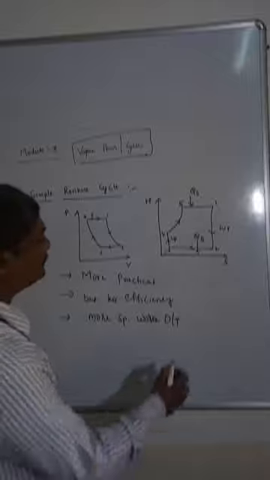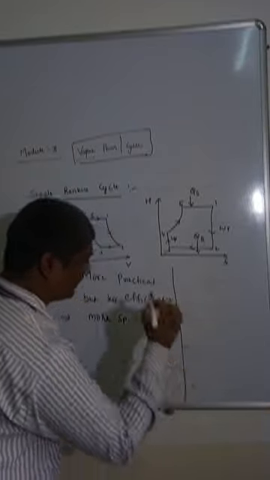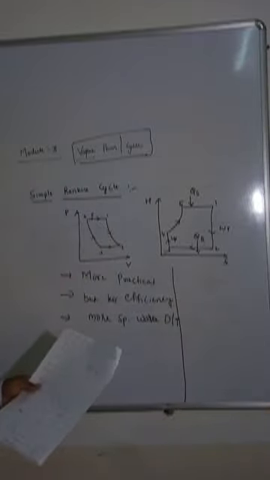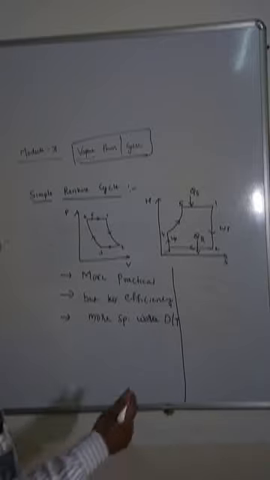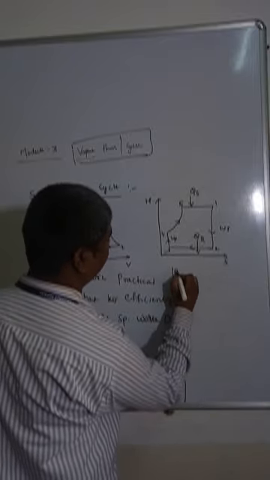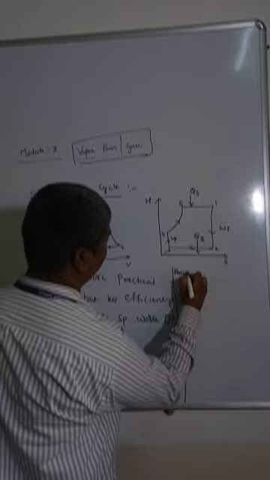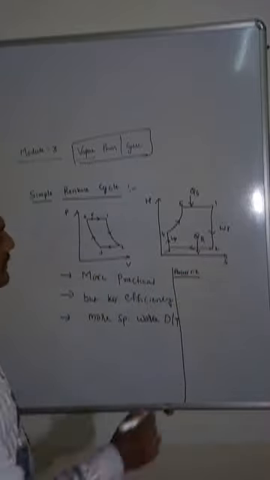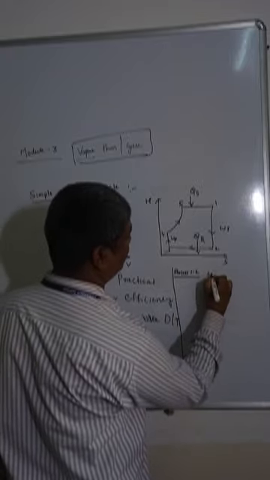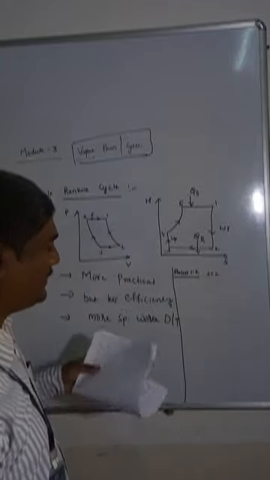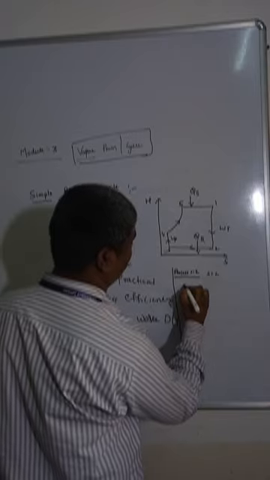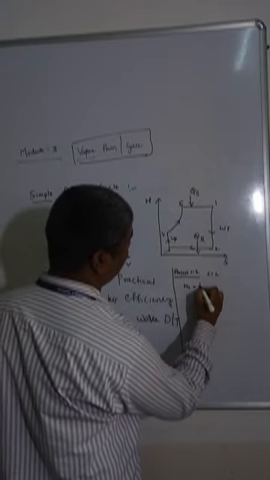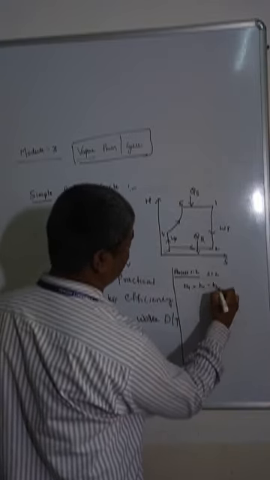Again I will derive the efficiency for this. First process 1 to 2. It is an isentropic process, that is work done in the turbine. So in terms of turbine work, Wt is equal to H1 minus H2.